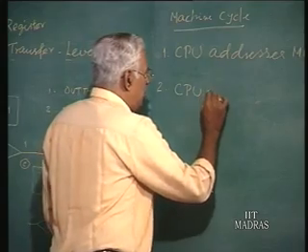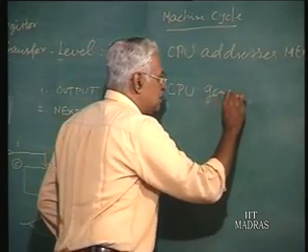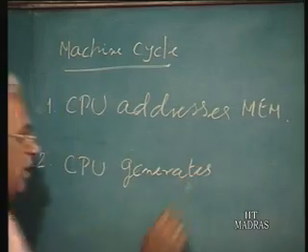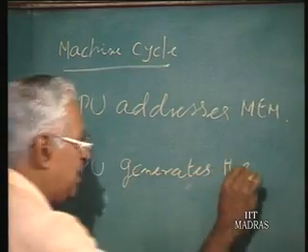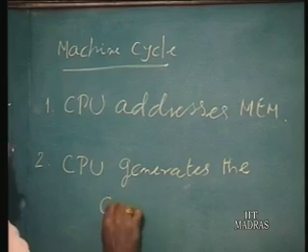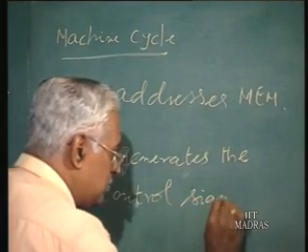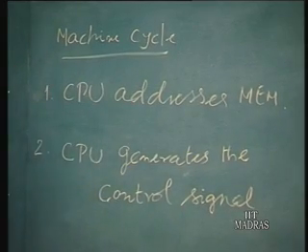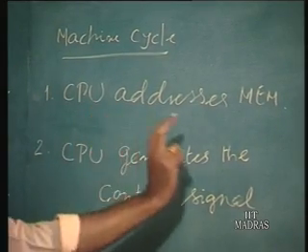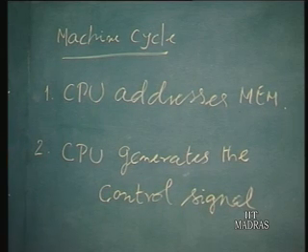So the CPU generates, in general, the control signal. What is that control signal? Now in the case of instruction fetch, it's essentially that the memory must send the instruction.